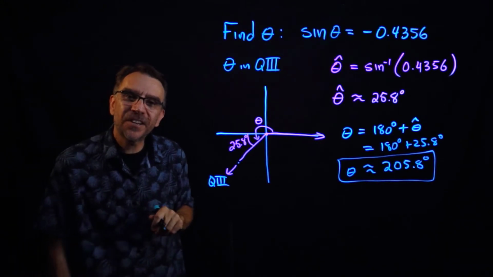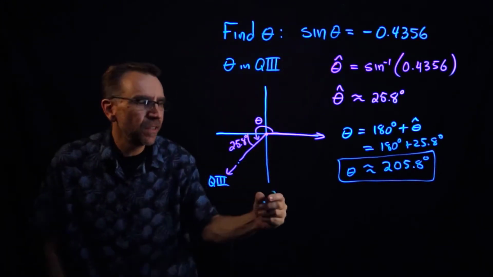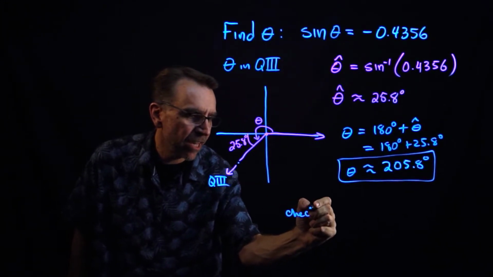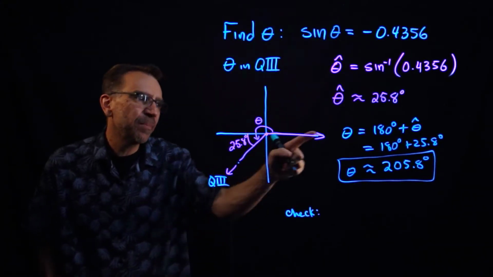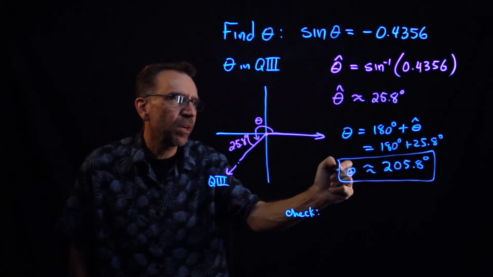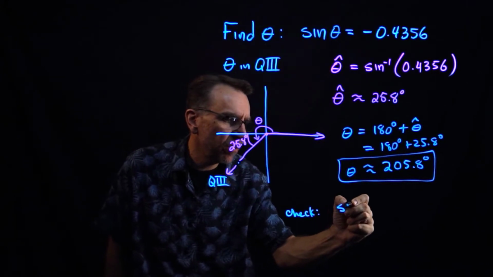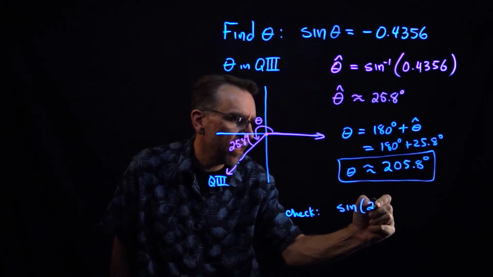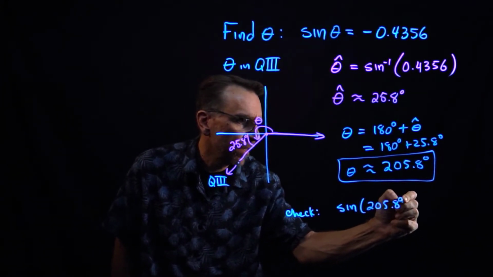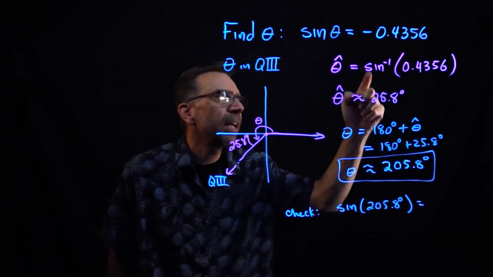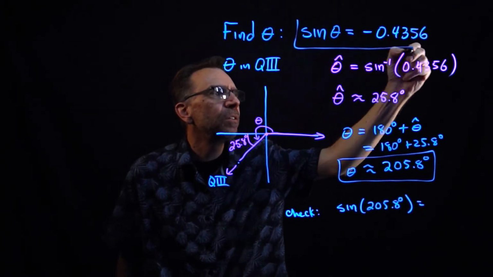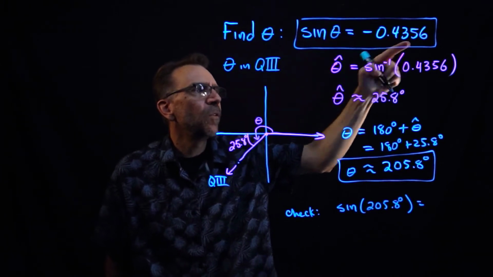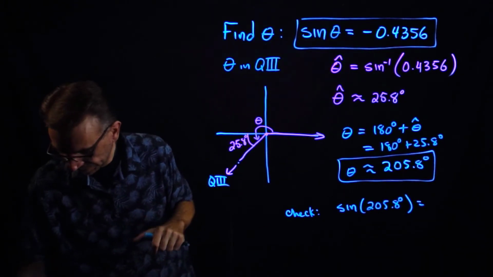Now we can always check our answers by plugging into the original. It's not going to be exactly the same because we did round off; this is an approximation. But on a calculator, we can check by taking sine of the angle that we think is the answer and seeing that it's at least close to the original negative 0.4356.